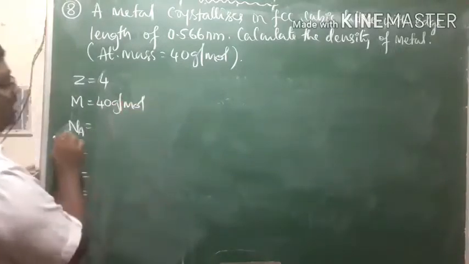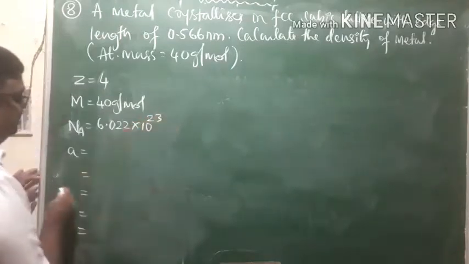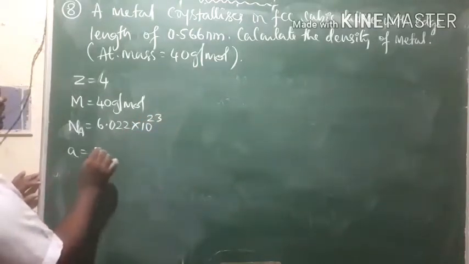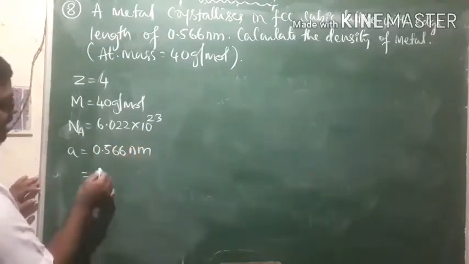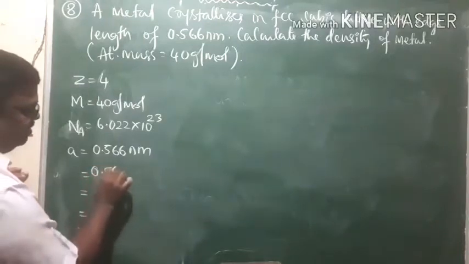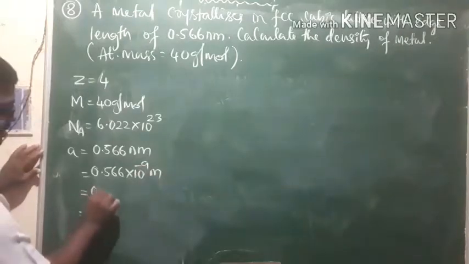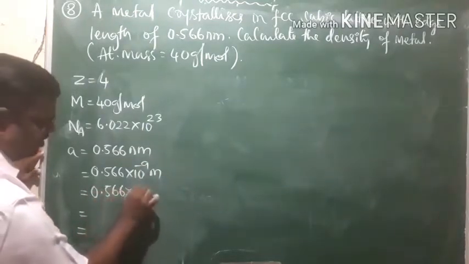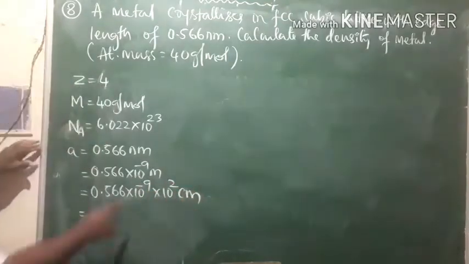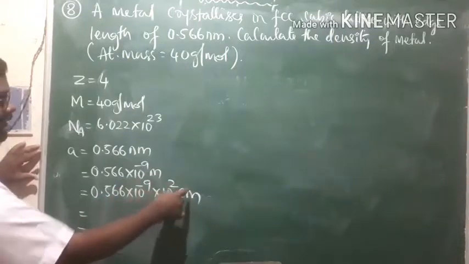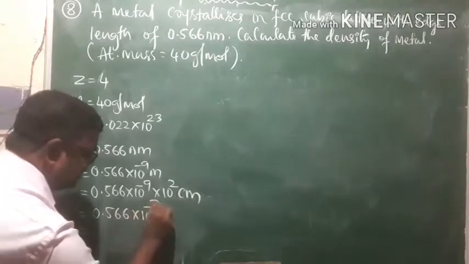Of course, Avogadro number is known to you, that is 6.022 into 10 to the power of 23. And the edge length is 0.566 nanometers. Convert the nanometers into centimeters. 0.566 into 10 to the power of -9 meters is equal to 0.566 into 10 to the power of -9 into 10 to the power of +2 centimeters, that is 0.566 into 10 to the power of -7 centimeters.